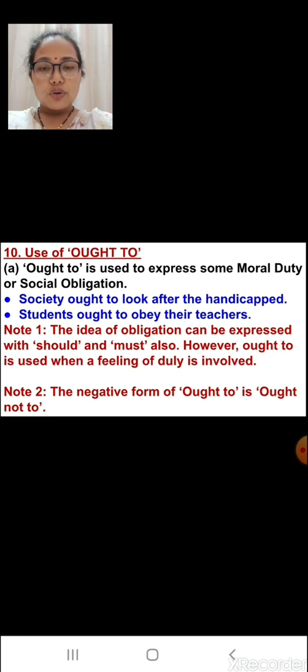Number 2, students ought to obey their teachers. The idea of obligation can be expressed with should and must also. However, ought to is used when a feeling of duty is involved. The negative form of ought to is ought not to.